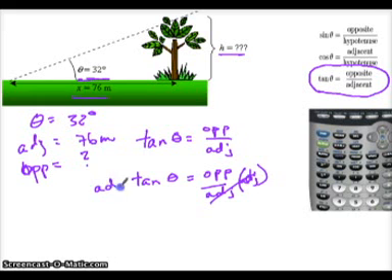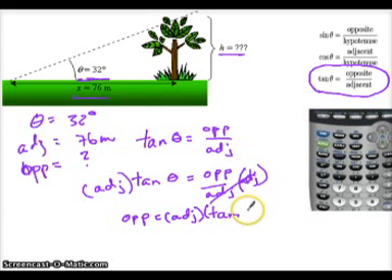Little algebra here. So the opposite is going to be equal to the adjacent times the tangent of theta.